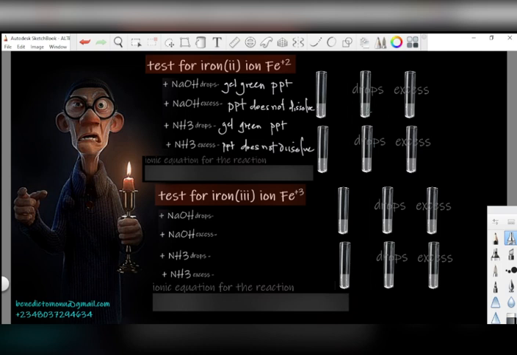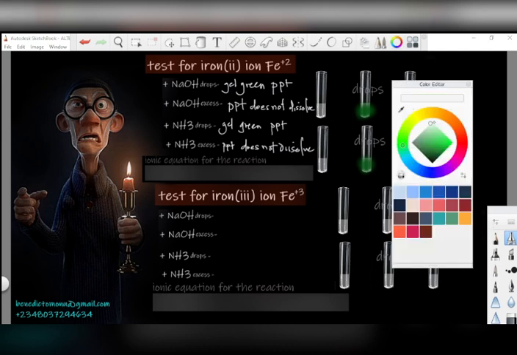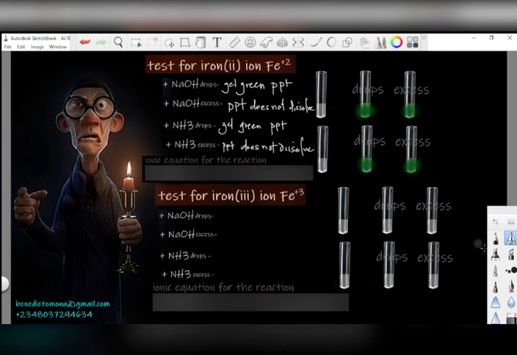If this happens in your test, in drops and in excess, a dirty green precipitate that does not dissolve, then it confirms that the sample has the iron 2 ion.